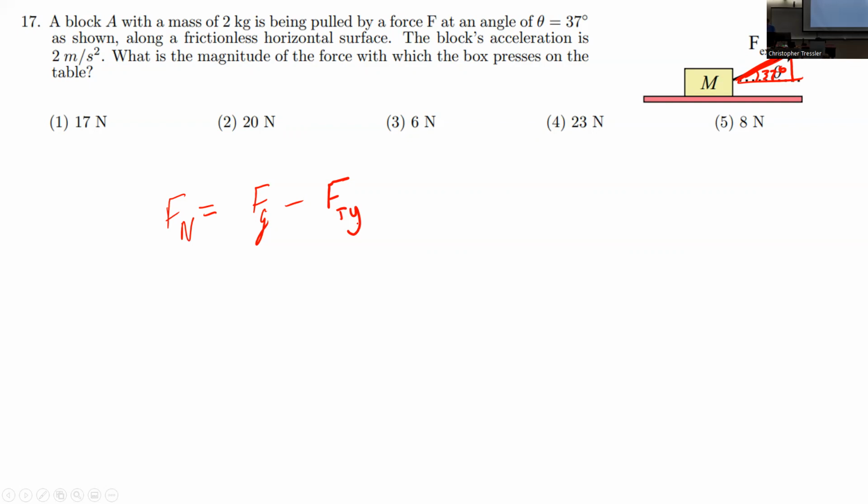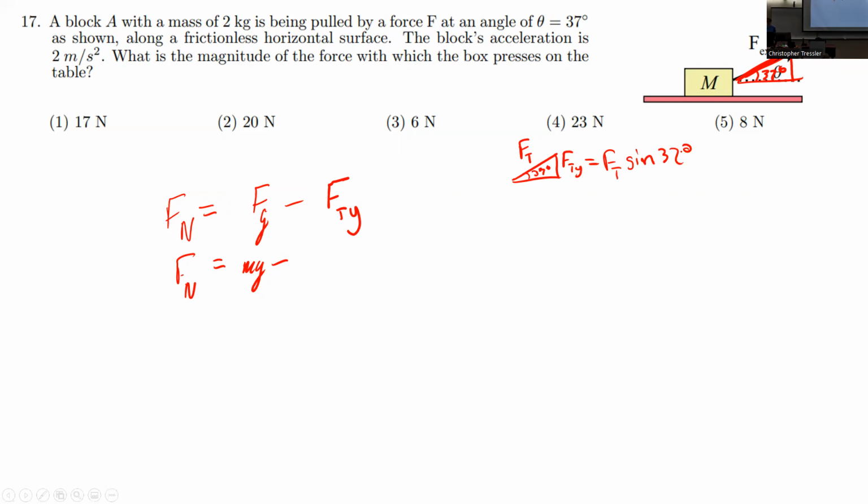So now we're going to go with Fn. We're going to separate this into mg minus the y component of the force of tension. We have the force of tension of this rope at 37 degrees, and we have a y direction, so the force Ty is equal to the force of tension times sine of 37 degrees.